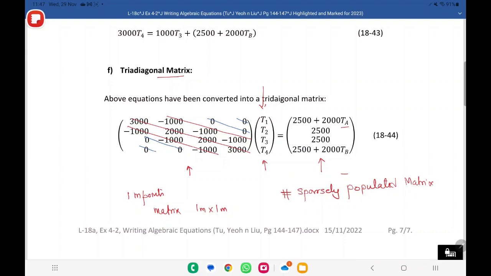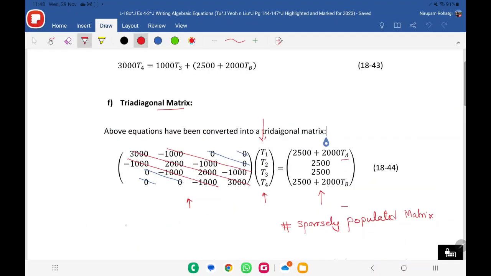So again you have to do the approximation. I was saying this matrix will be 1 million by 1 million if there are 1 million nodes. Okay?